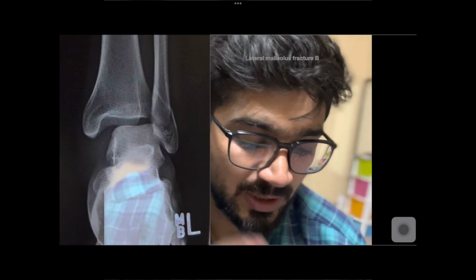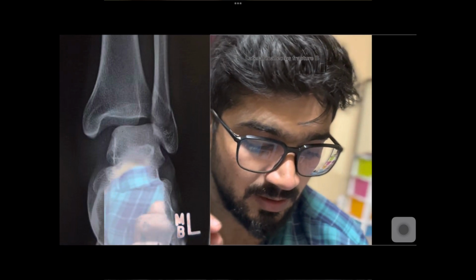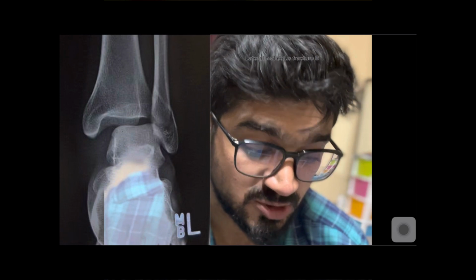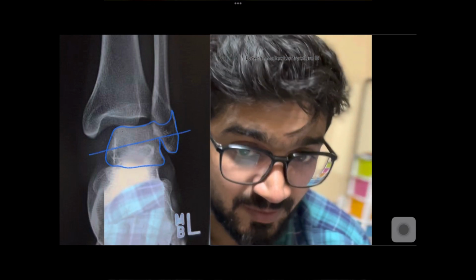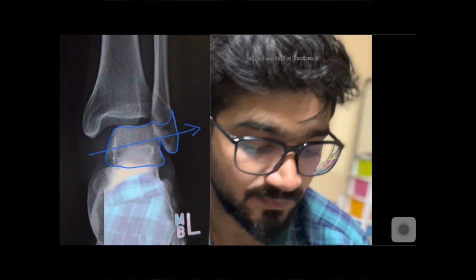I'll show you one X-ray, and you have to identify what are the possible injuries here. Just pause this video and look at this X-ray. This X-ray is showing number 1, the lateral malleolar type B fracture. Number 2, the talus is shifted along with the distal part of the fibula laterally.